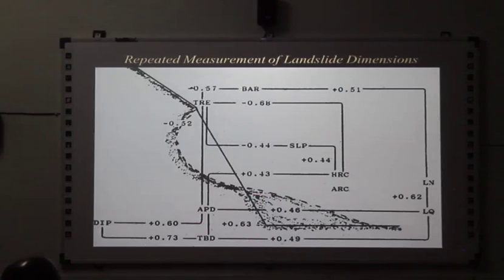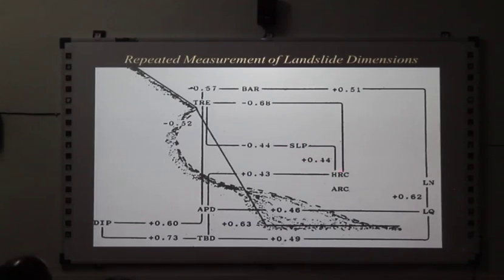Now what else can we look at? True bearing of the dip. Just annoyingly, there's also a strong correlation by chance with the amount of the landslide. I think this is the length of the landslide correlating with the volume. Many of the variables just correlate with other variables and don't do anything. There's our old friend slope.